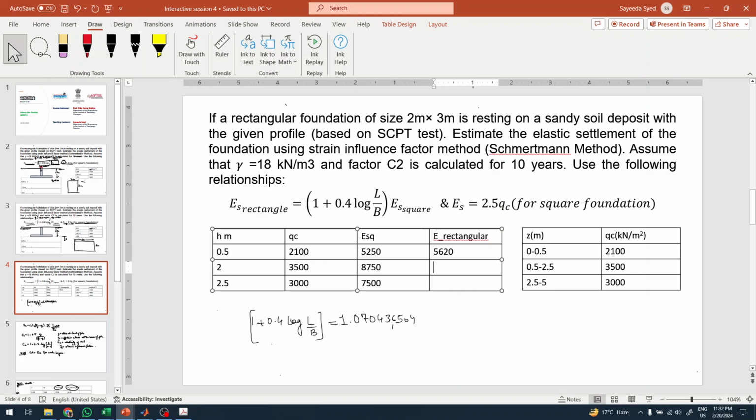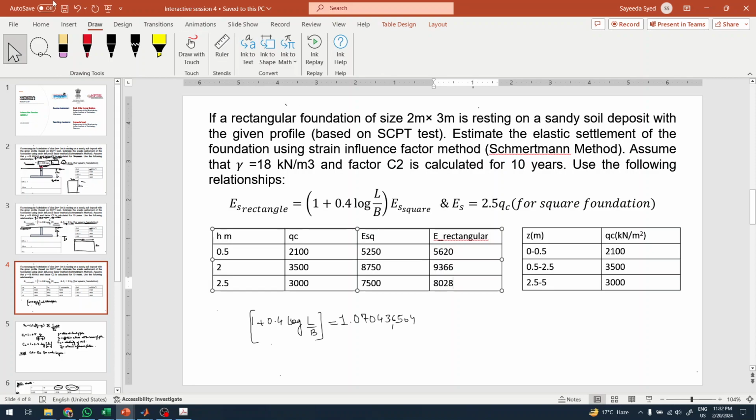This will be 8750. This will be 9366. And this will be 7500, 8028. Okay, so we got our E values.